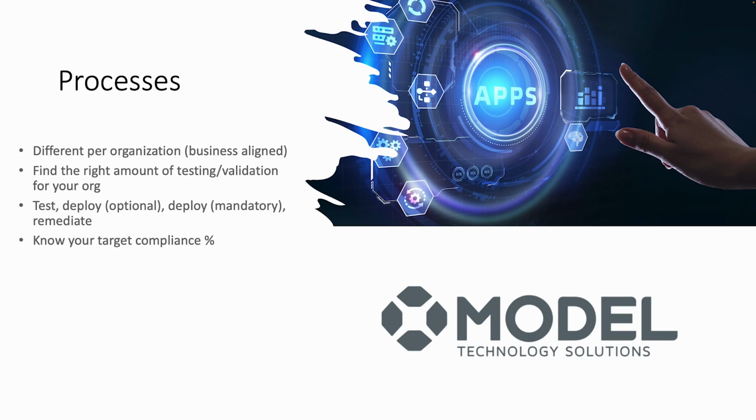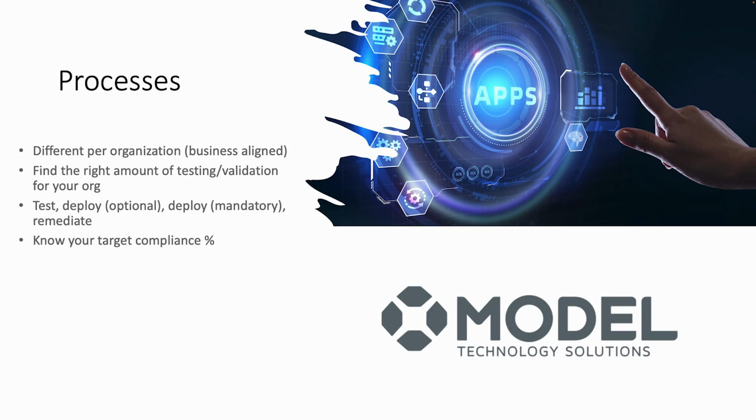Generally speaking, those processes look like test, deploy in an optional state, deploy in a mandatory state, and remediate. And you're remediating until you get to your target percentage. Now, your target percentage over the years should be climbing up because devices should be standardized. They should be, in some cases, easy to identify the common problems with patching in your environment.